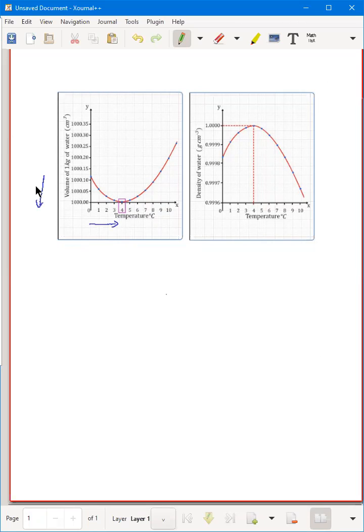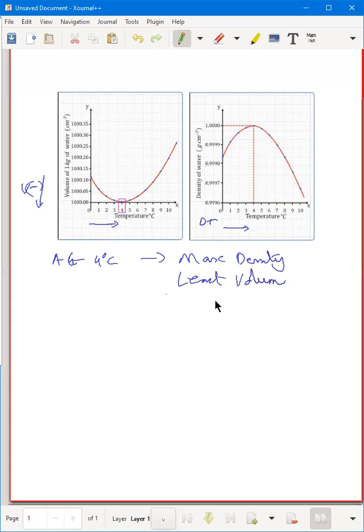So the volume decreases, but the density increases. This is from 0 to 4. So at 4 degrees Celsius, water has the maximum density and the least volume, because you also know that density is mass upon volume, right?